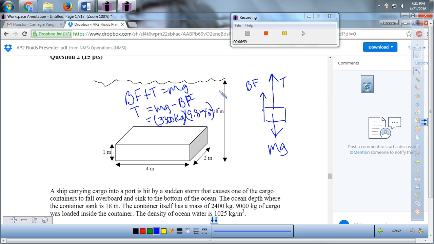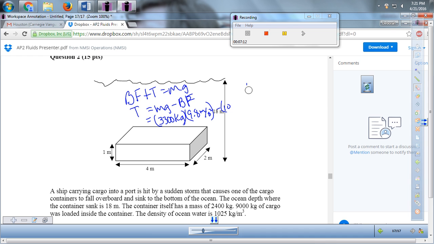The buoyant force, I said, was rho g V. Rho was 1025 kilograms per cubic meter. g is still 9.8.